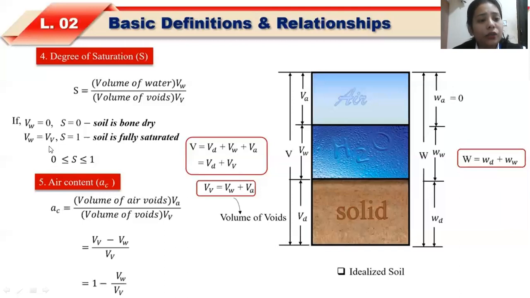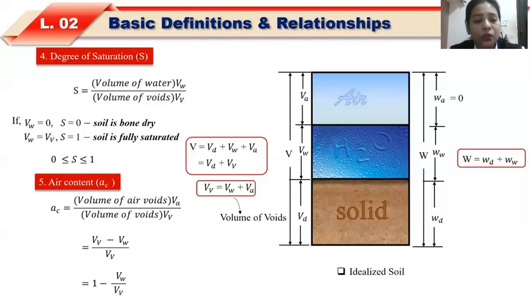And in another way, if the condition occurs that the volume of water becomes equal to volume of void, then S is equal to 1. So the conclusion is, if the value of S is equal to 0, the soil is called dry soil, and if the value of S is equal to 1, the soil is called fully saturated soil.